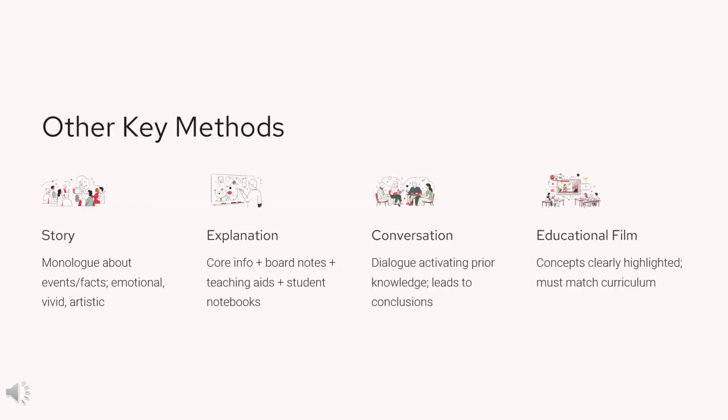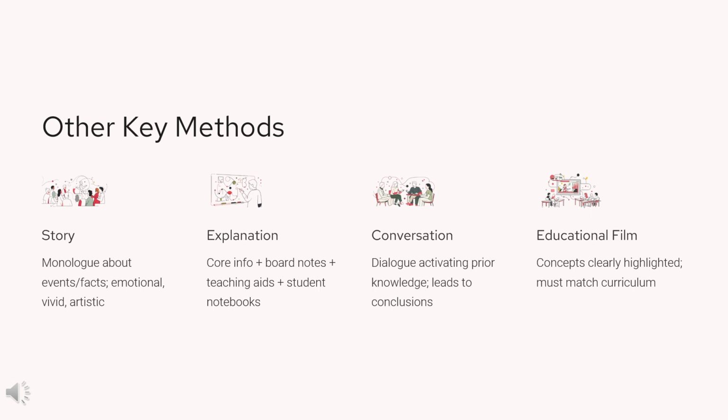This slide broadens the discussion by presenting several additional information and developmental methods: story, explanation, conversation, and educational film. Story is a monological account of events or facts, usually vivid, emotional, and artistic in form. Explanation provides core information through verbal interpretation supported by board notes, teaching aids, and student notebooks.